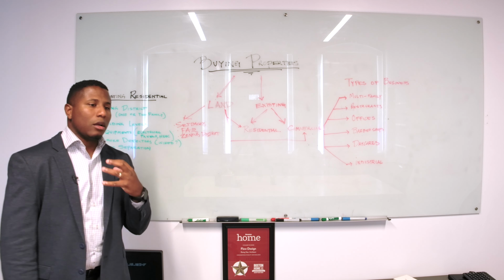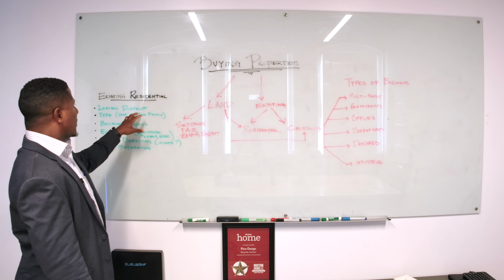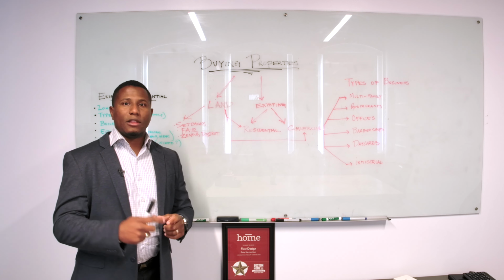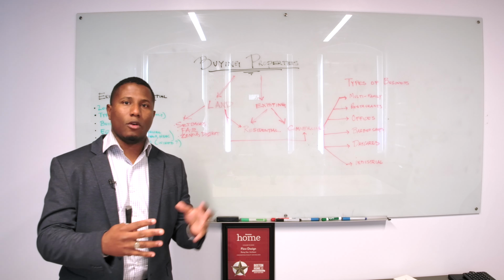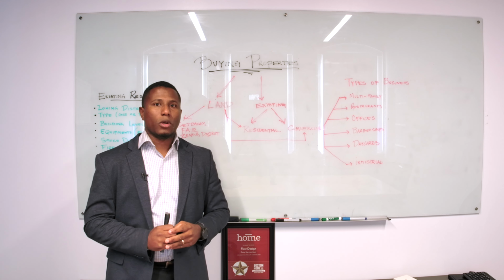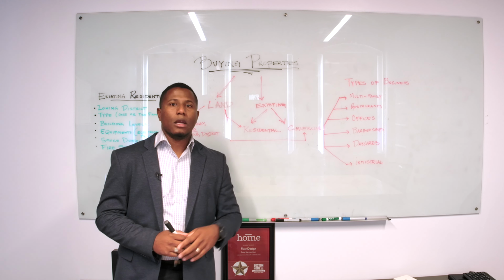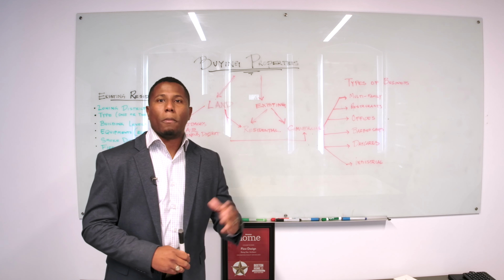Because of the way that the city divides the areas. You could be in a district that is R1, single family, or you could be in a district that is R2, two family, or you can be in a district that is multifamily or commercial.